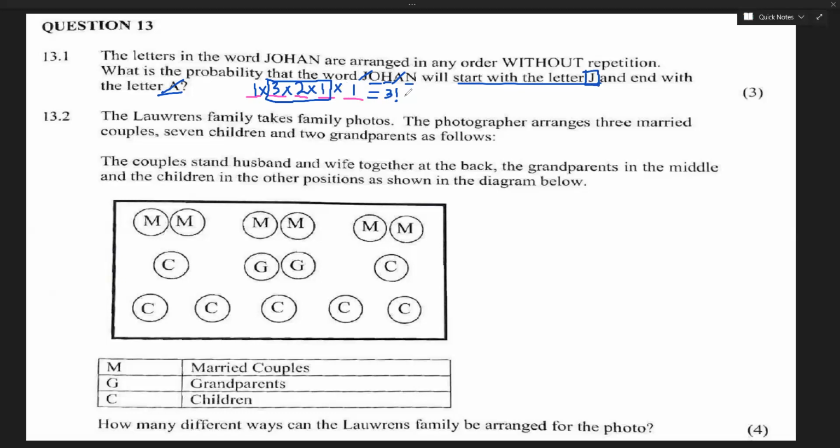And then from there, this is only the arrangement, right? For the probability we always need the total sample space. Obviously, we have 5 letters, so the sample space is factorial 5.